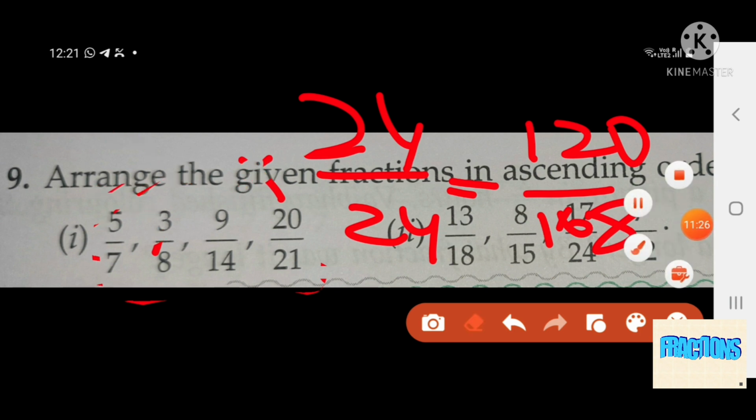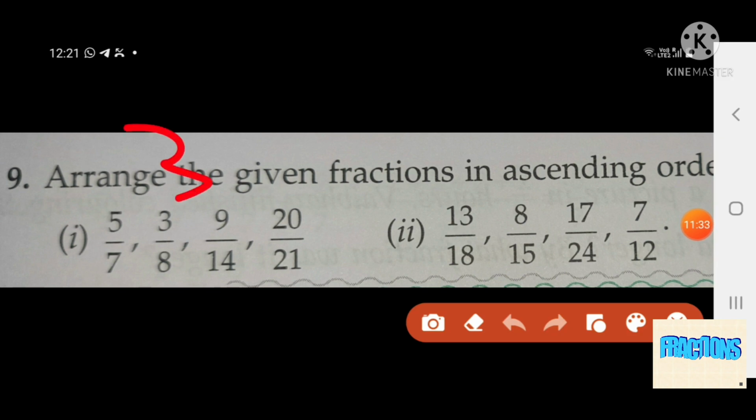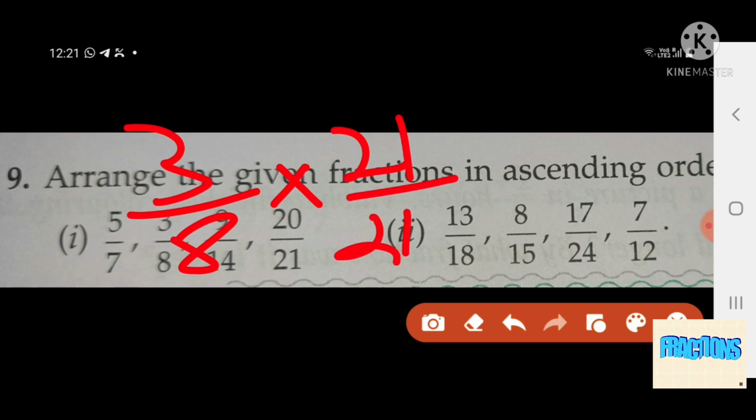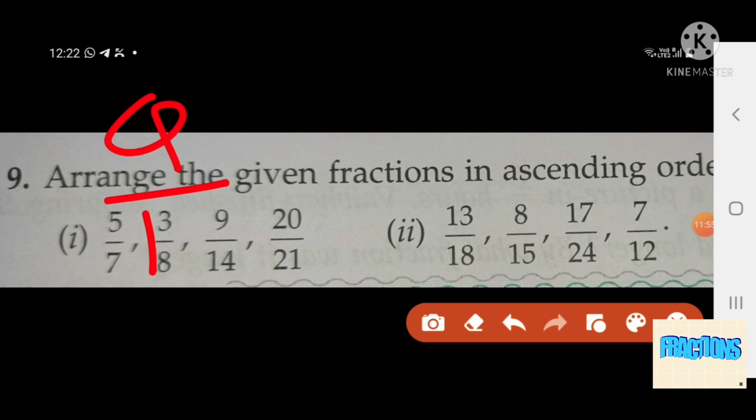Okay, so we'll multiply the second one. Please wait a second. 3 upon 8 multiply by 21 upon 21 equal to 63 upon 168. Okay, now let's do the next. 9 upon 14 into 12 upon 12.